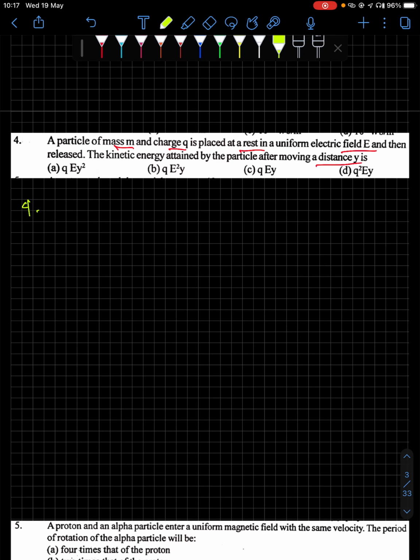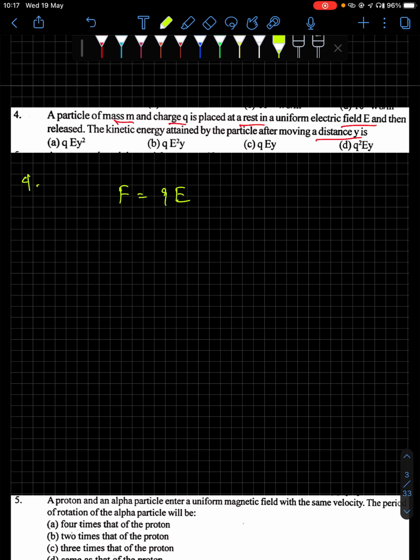Now you see here, since the particle is in an electric field, therefore electric force qE will act on the particle, right? It is at rest. However, we won't need that rest thing in this particular solution.